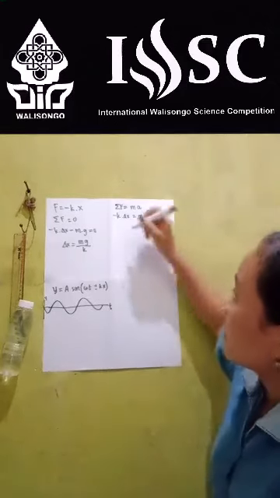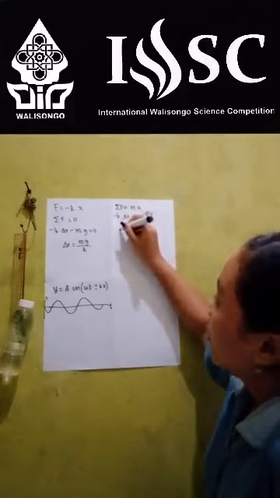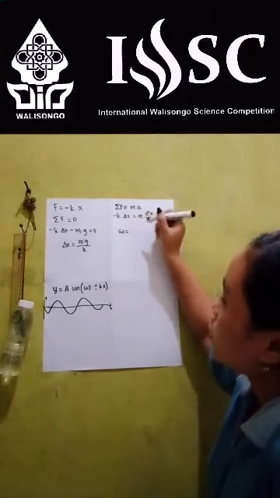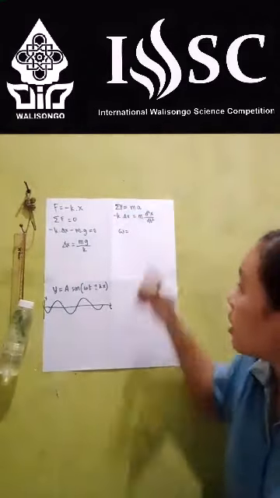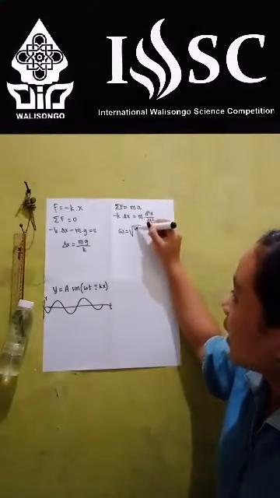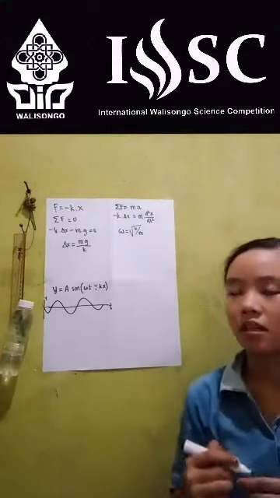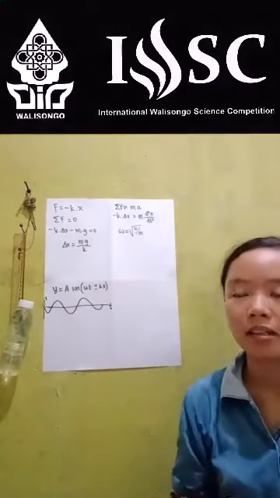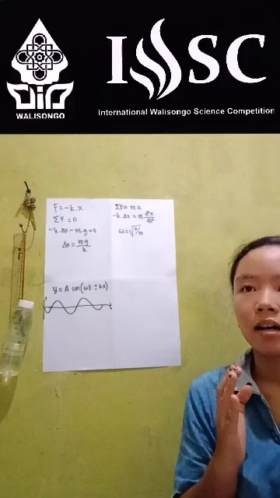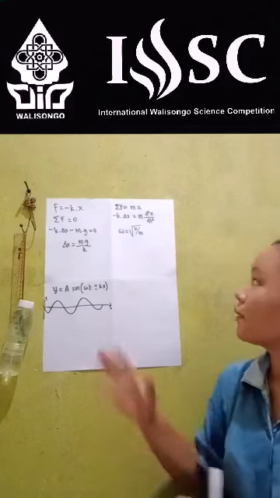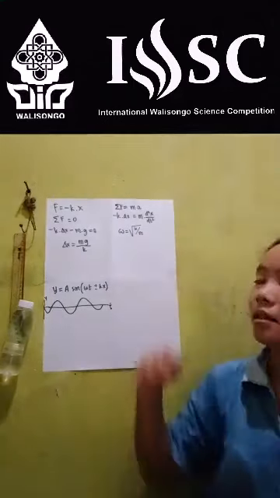And we get omega equals root k divided by m. The k is the constant of the rubber or spring, and m is the mass of the object.